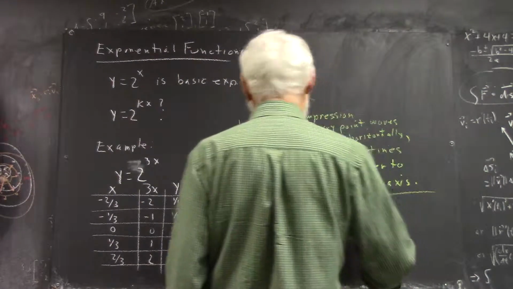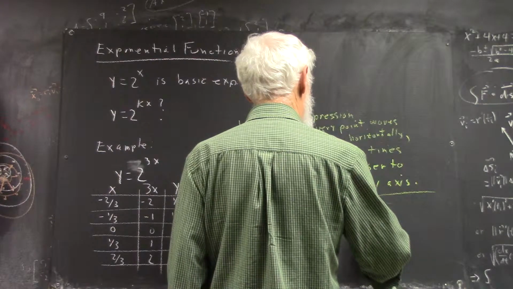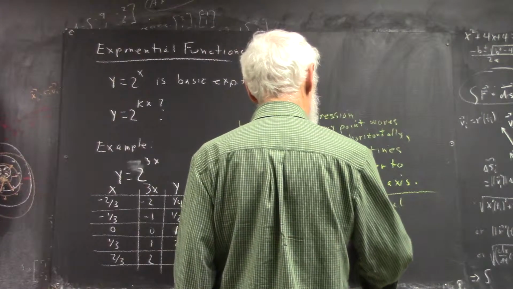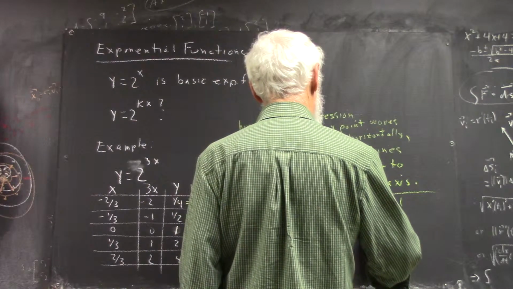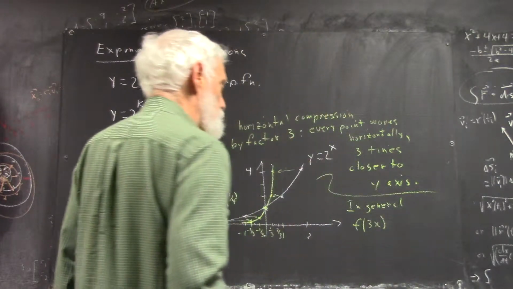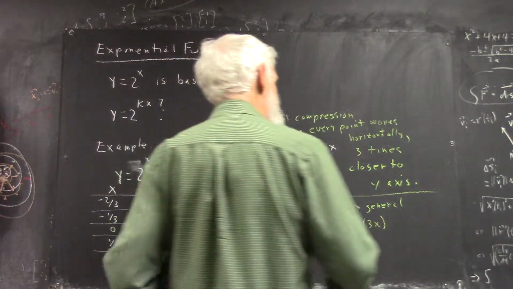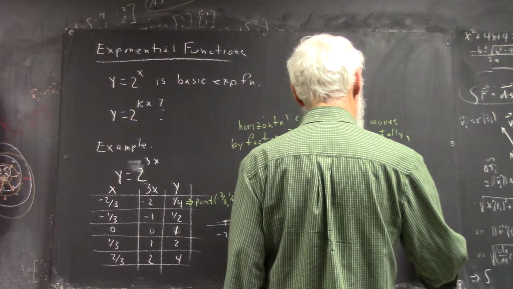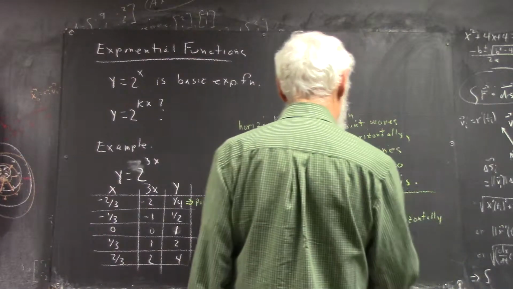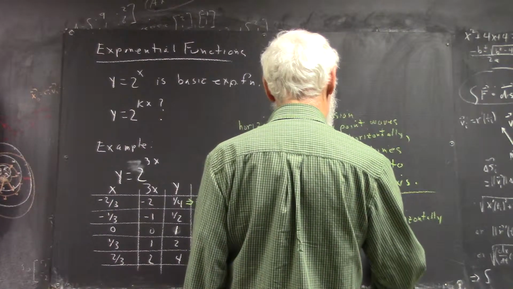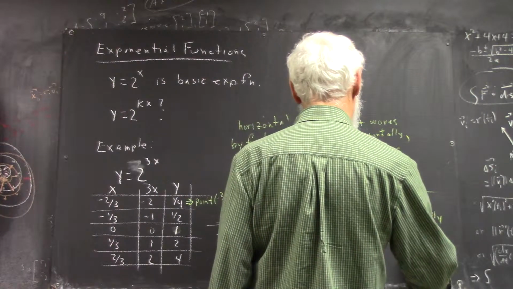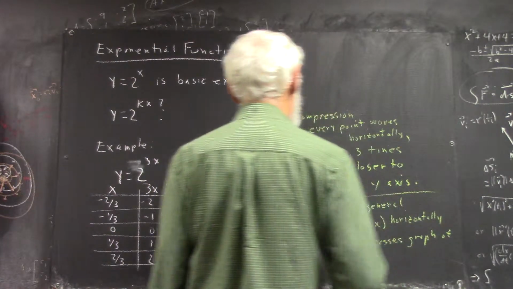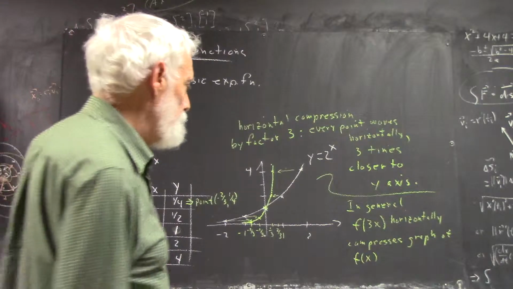Okay? So I'm going to, in general, f of 3x horizontally compresses the graph of f of x by factor 3.